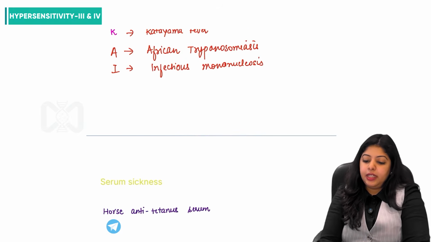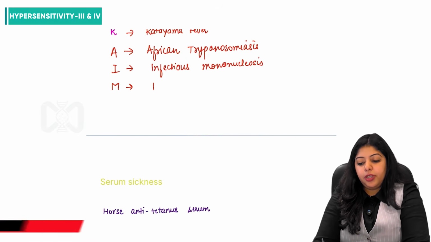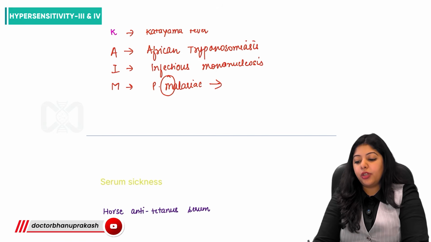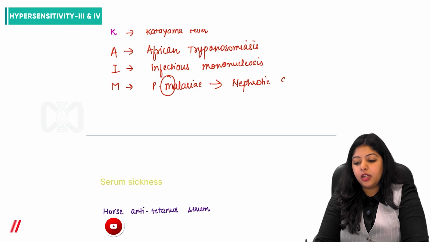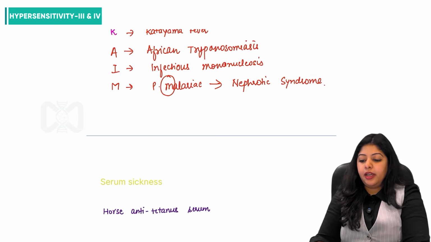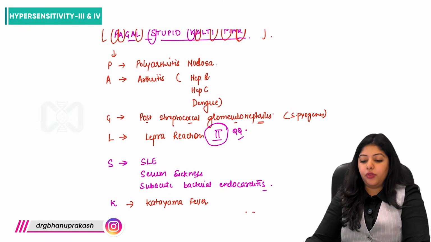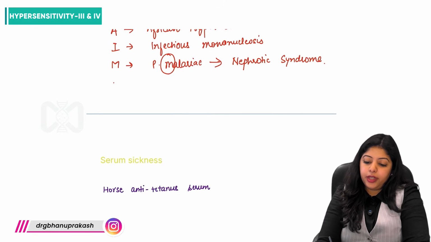M stands for Plasmodium malariae leading to nephrotic syndrome, right? And R stands for rheumatoid arthritis.